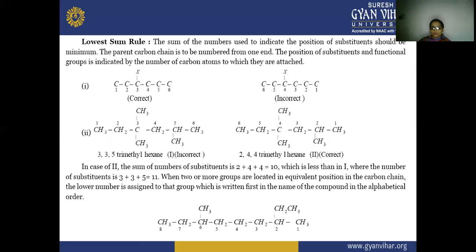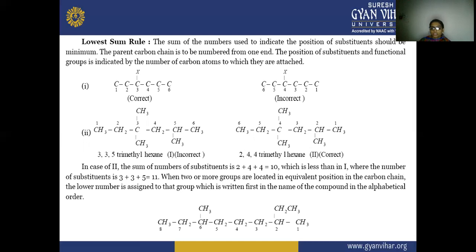The position of the substituent and functional group is indicated by the number of the carbon atom to which they are attached.